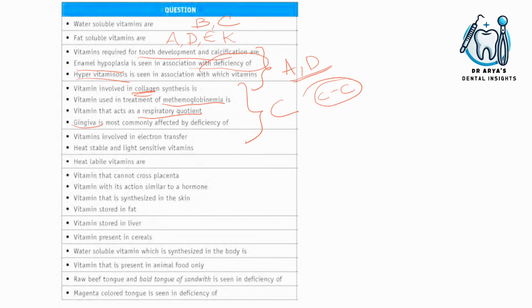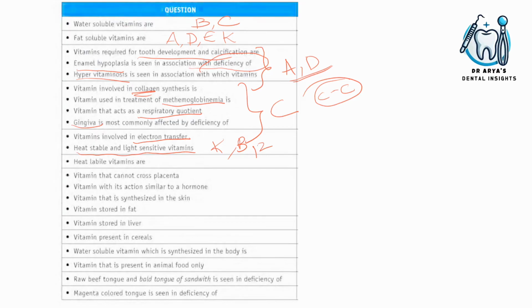Then coming to the next question, vitamins involved in electron transfer, and also they are heat stable and light sensitive. So electron transfer, heat stable and light sensitive vitamins are vitamin K and vitamin B. So these are the various vitamins involved in electron transfer, and also they are heat stable and light sensitive.